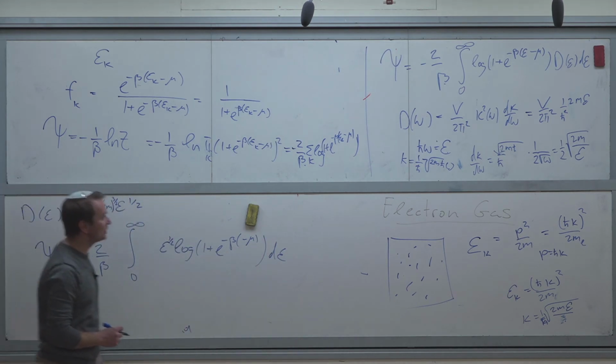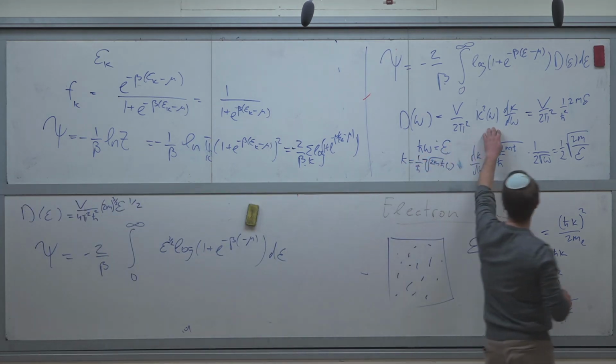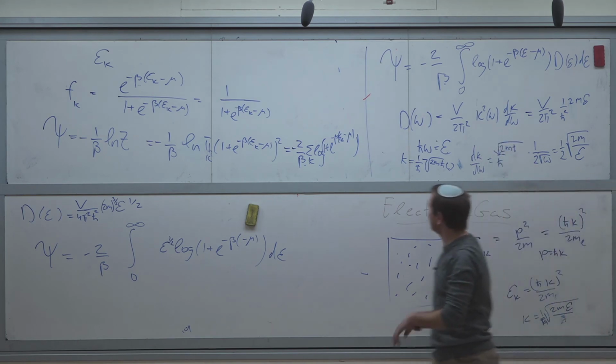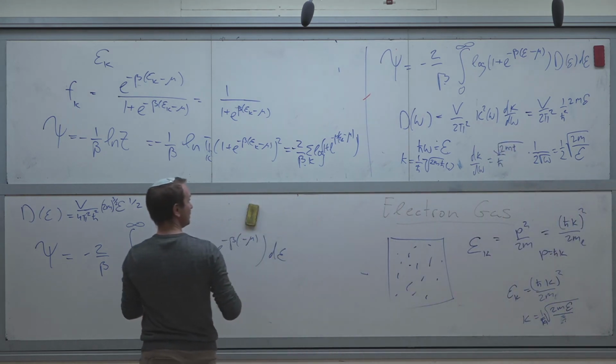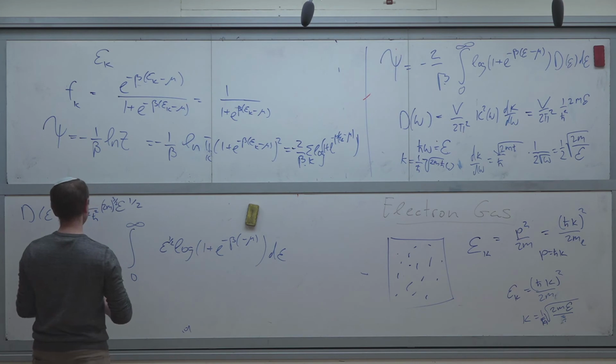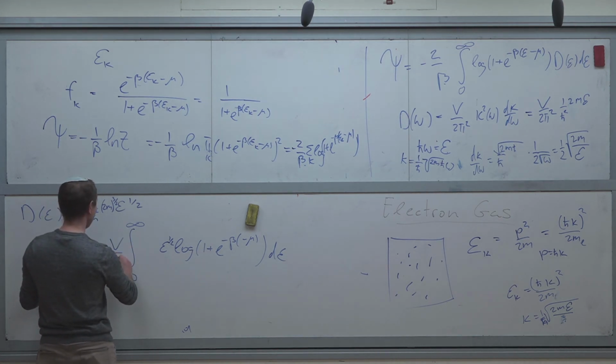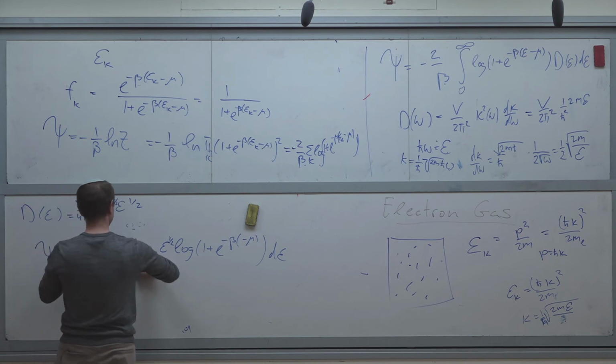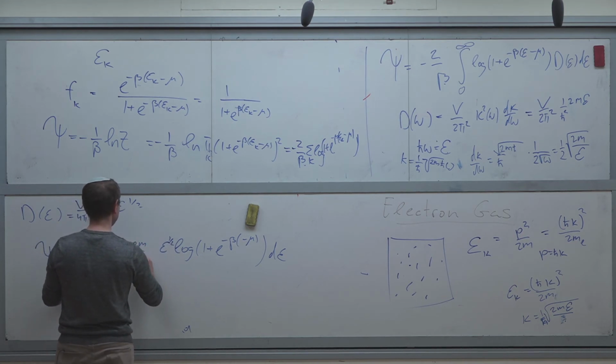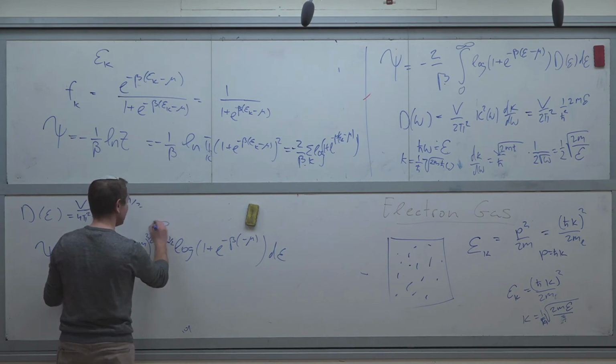All of these transitions eventually bring us to V divided by 4 pi squared, and here we have 2m divided by h bar to the 3/2, integration from 0 to infinity.